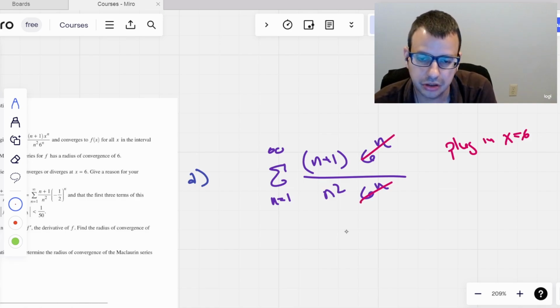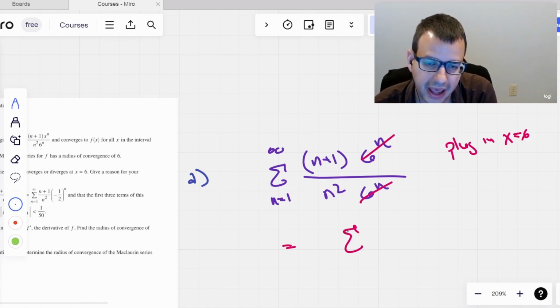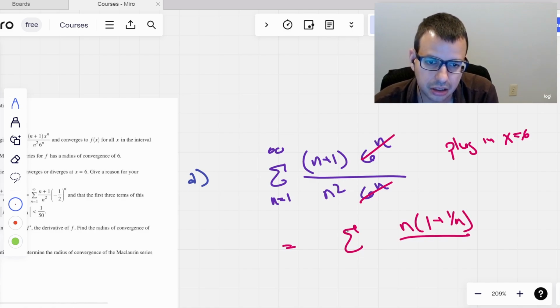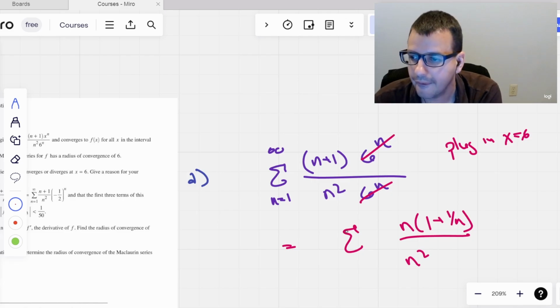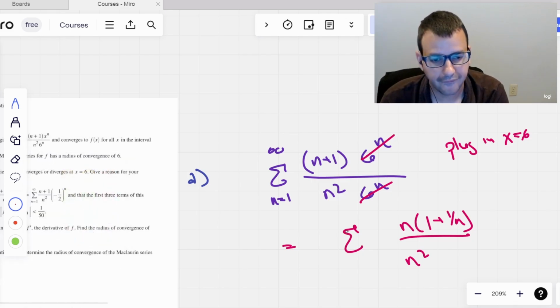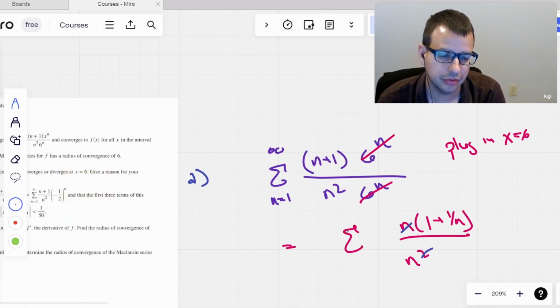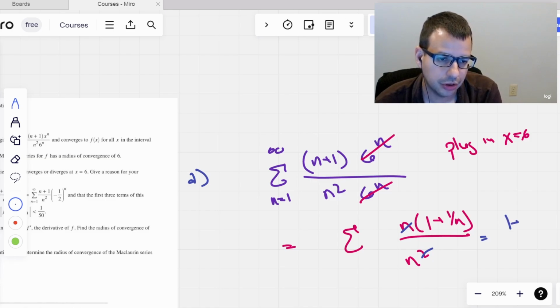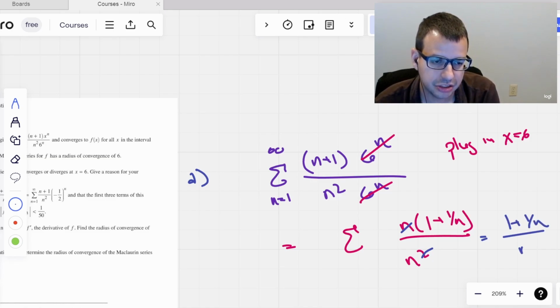Cancel, cancel. I'm going to rewrite this as n times 1 plus 1 over n, over n squared, cancel, cancel, equals (1 plus 1 over n) over n.